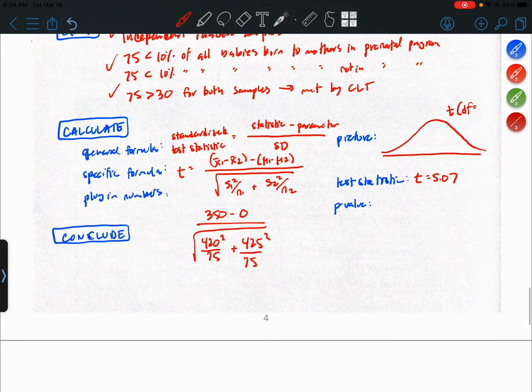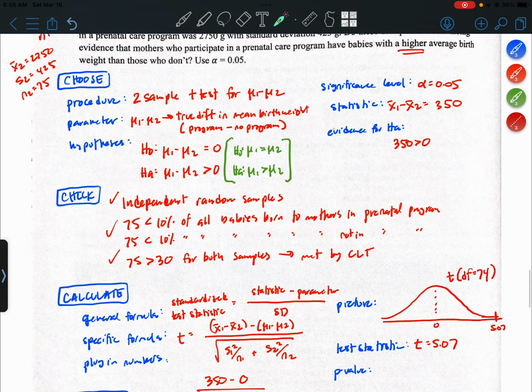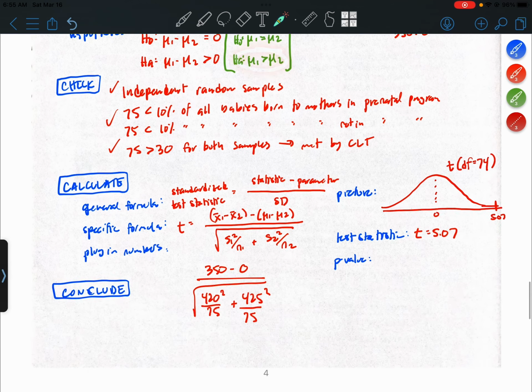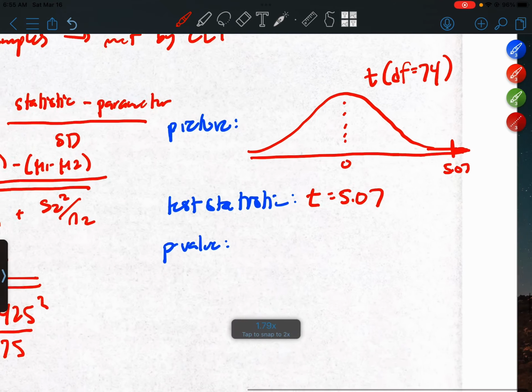So it's just 74. 5.07 represents a result that is 5 standard deviations away from the null value, way out over here. We're looking for evidence that the first group has a higher mean than the second, so we're shading the right tail.